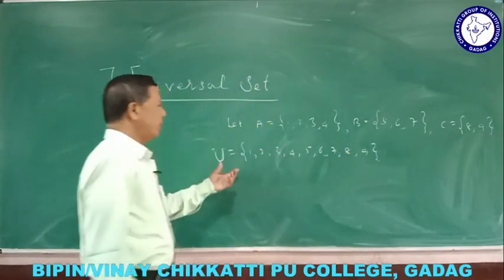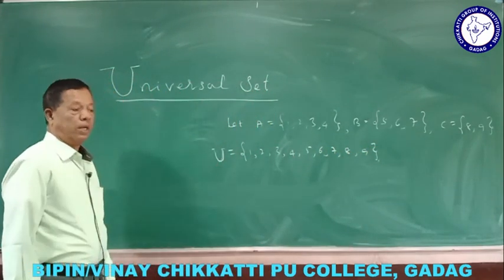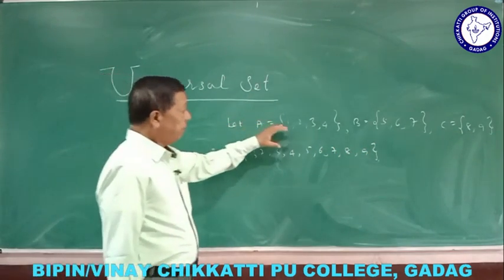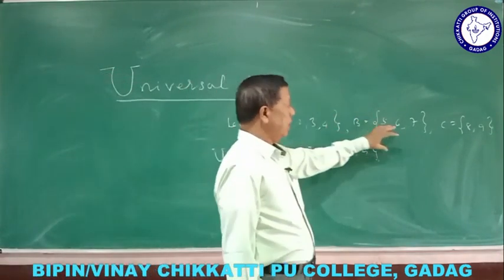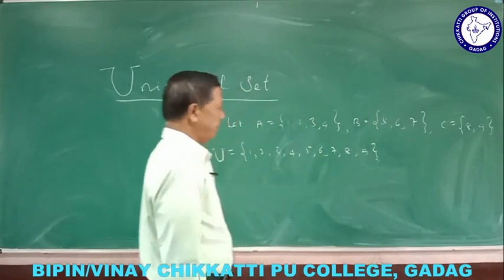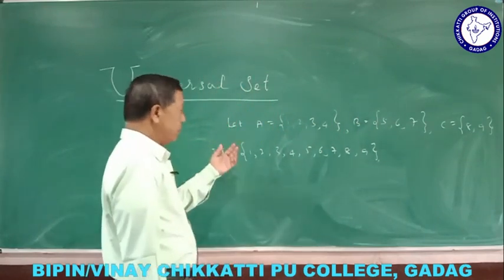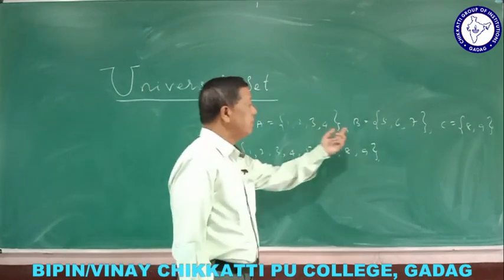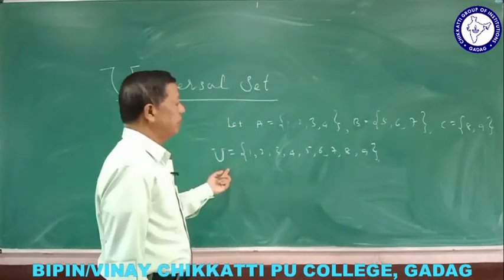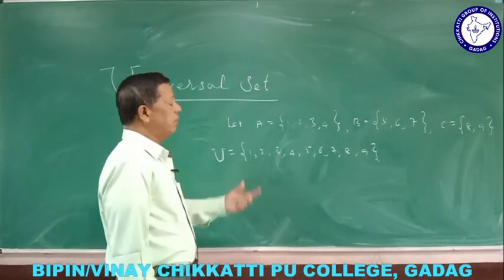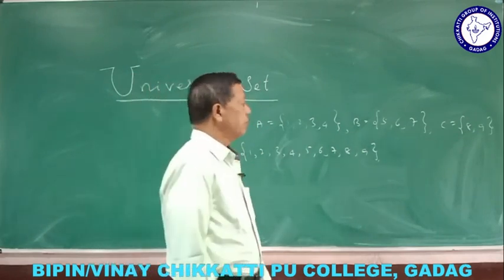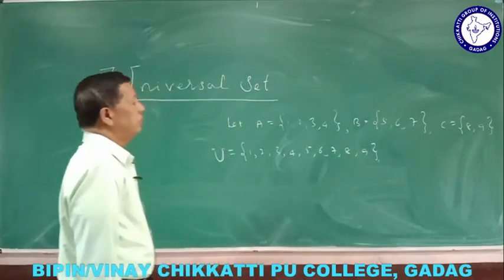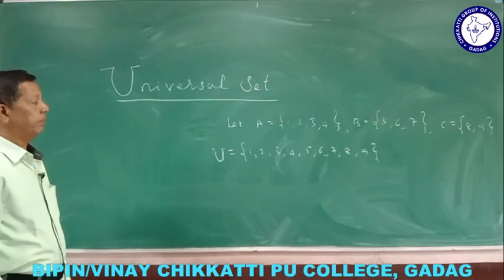Yes, this is the universal set. Here you see, if there are some sets A, B, C under consideration, there happens to be a set which is a superset of all these sets, that is U, and this is called the universal set of those sets A, B, C.